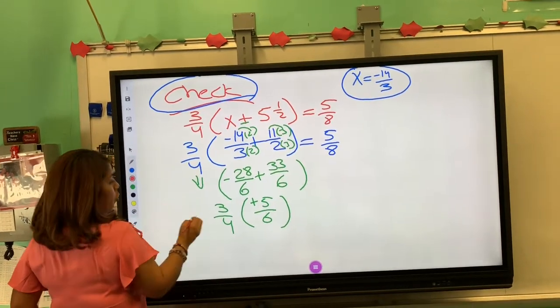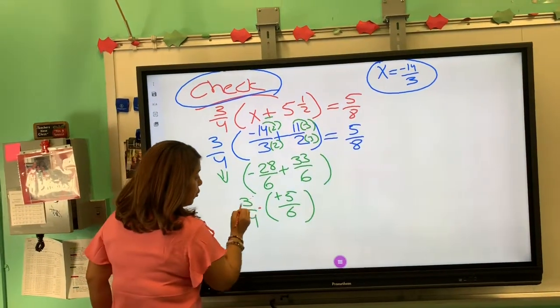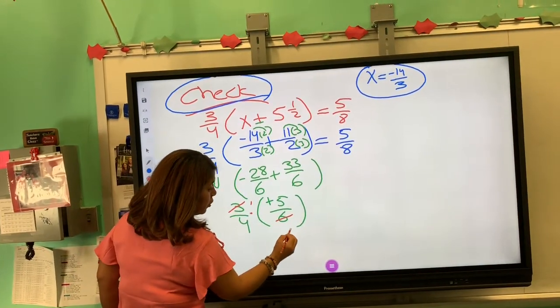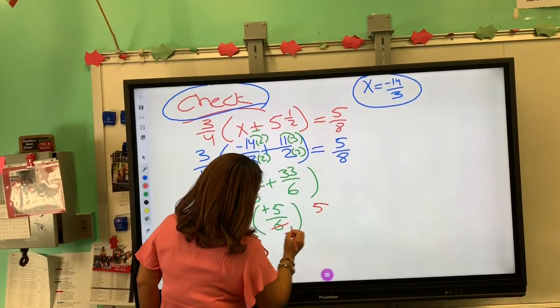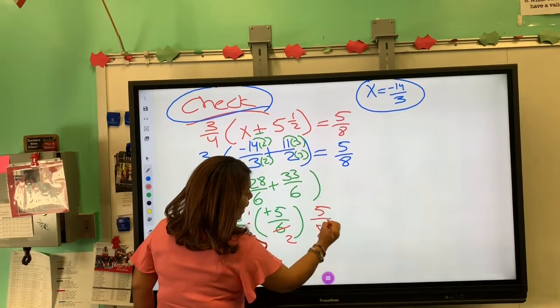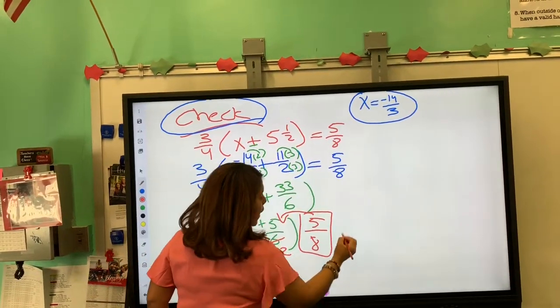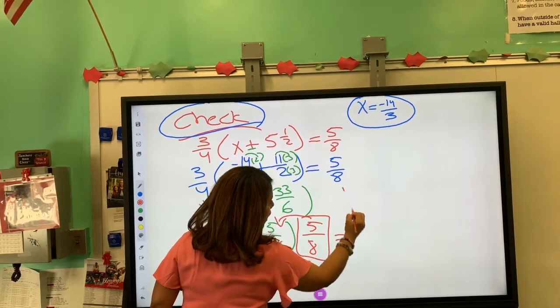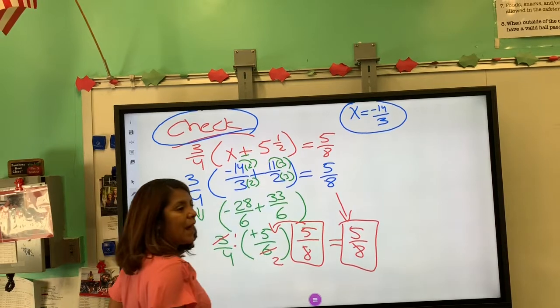Of course, this is multiplication, so I'm going to simplify. 3 goes into 3 one time, 3 goes into 6 two times. 5 times 1 will give me 5. And 4 times 2 will give me 8. So now I have a 5/8 here as an answer of this one. And on my other side of my equation, I also have a 5/8, which means that both sides are equal.